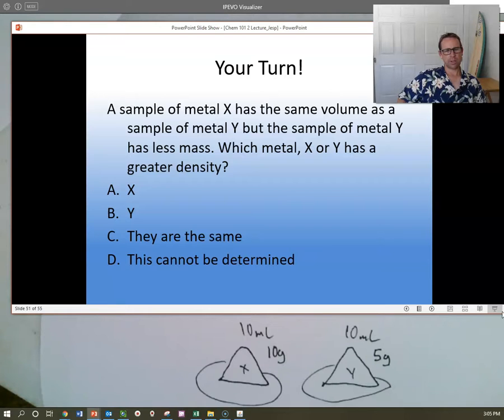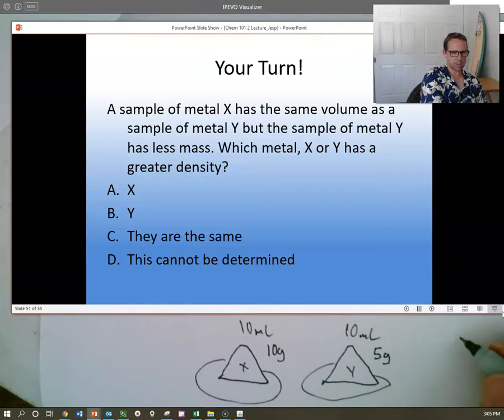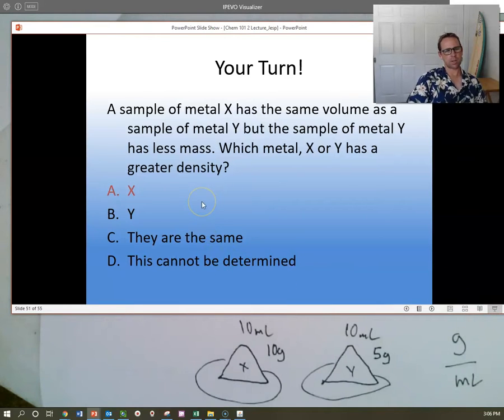So which one's going to have a greater density? It's interesting. Remember, density is... X will have a greater density. That's right. X has a greater density. Very good.